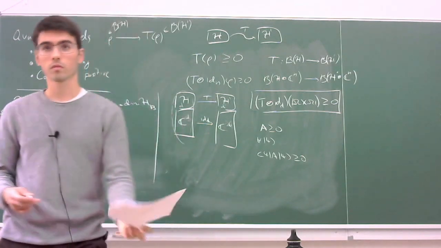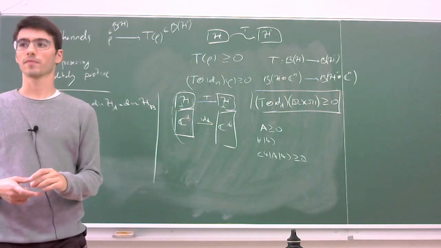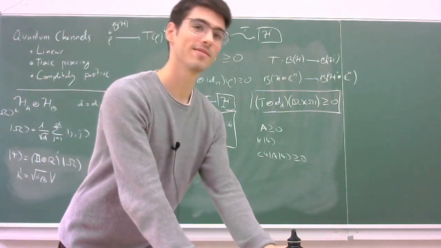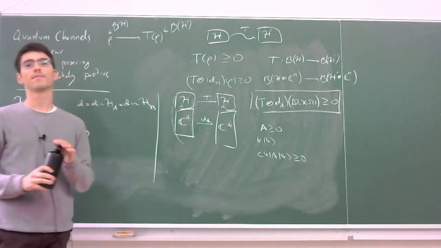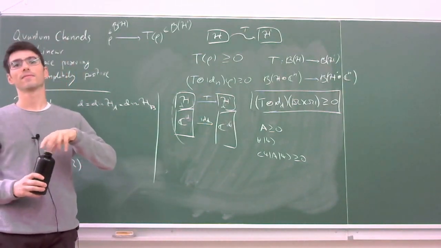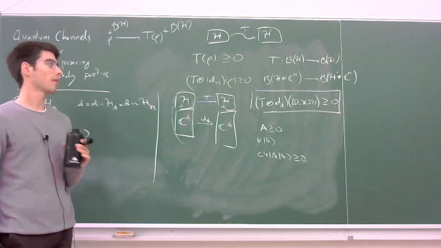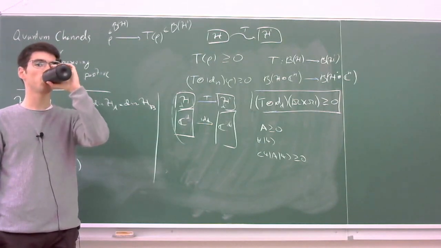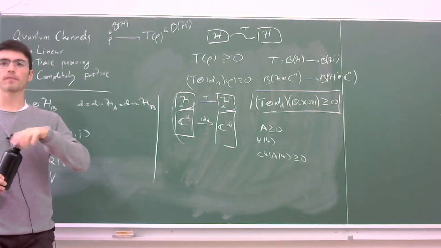One question. Yes, please. This one is very quick. You are using the identity tensor a channel, right? And are you applying this channel to that state, or are you multiplying these two together? I'm applying that channel to a state. The other thing makes no sense.